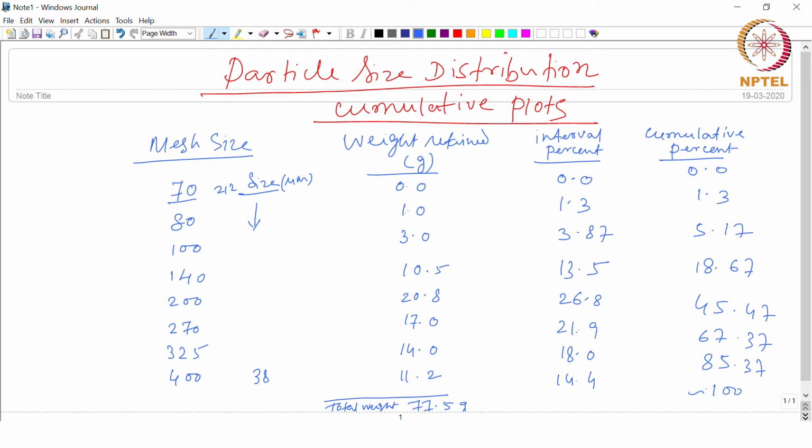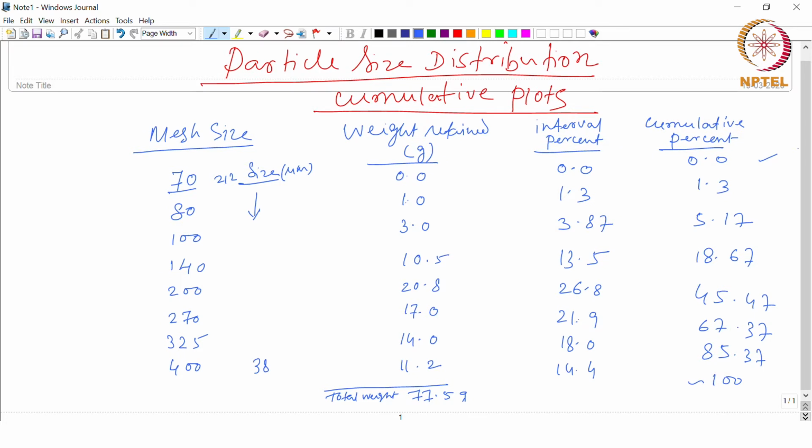Okay, so like this, when you add up the interval fractions before a particular size or below a particular size, then you get the cumulative percentages like this. Okay, and that is how you will obtain the cumulative plot like this.